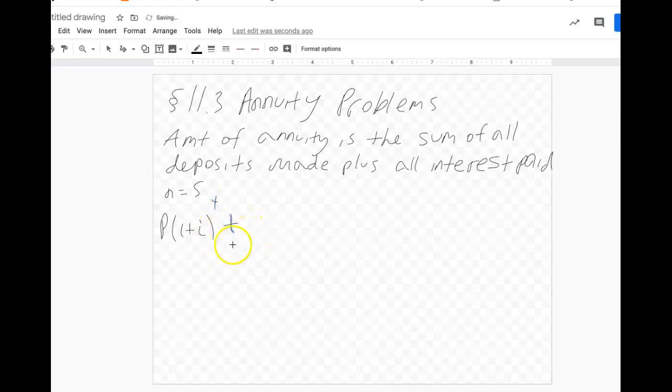And the second deposit is going to have a payment period of n minus 2, so we're saying P times (1 plus i) to the 3, and we're going to continue till we make the 5th payment, or 5 minus 5.